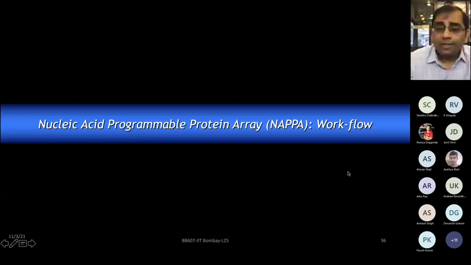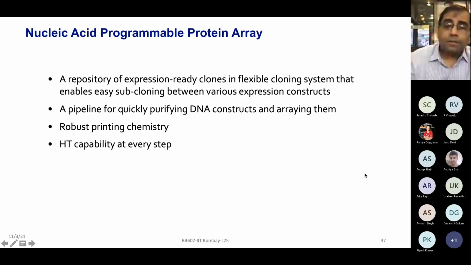So I'll show you the stepwise things for the NAPA arrays. But before I go to a lot of complexity, whatever clone repositories you have access to, you can easily get all those clones. And if you have good robust printing chemistry and high throughput capability, it's very straightforward to do this kind of array based work.